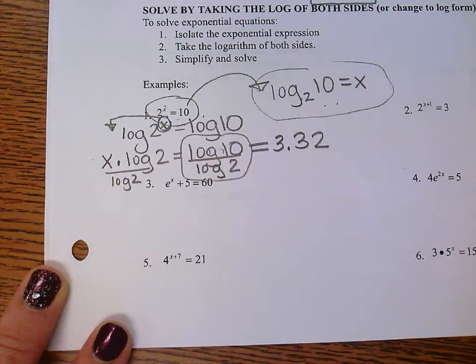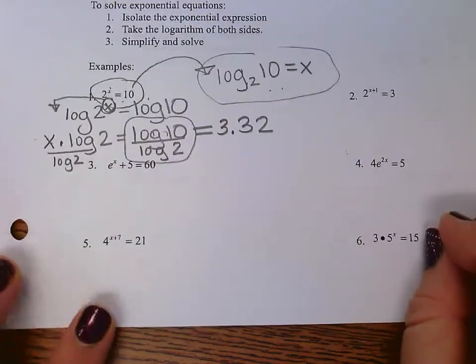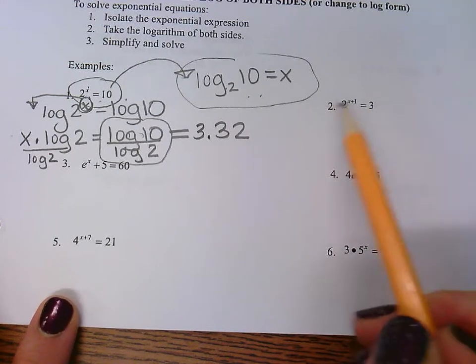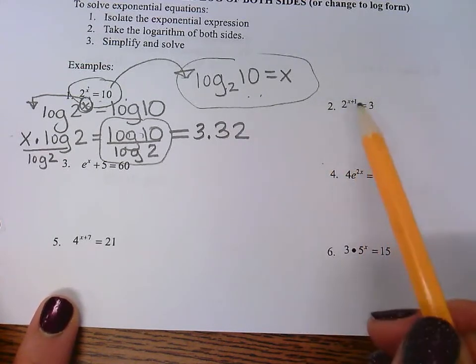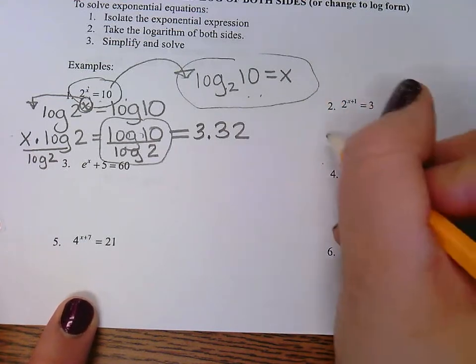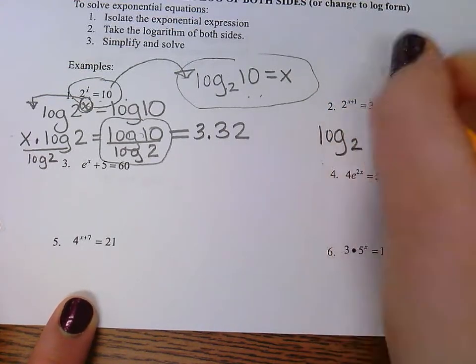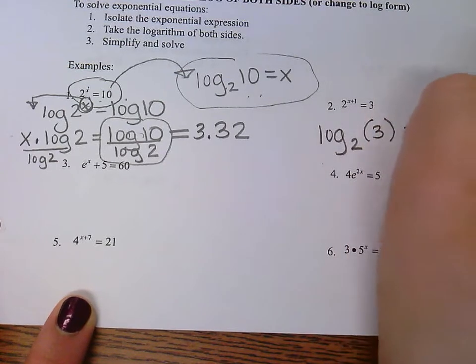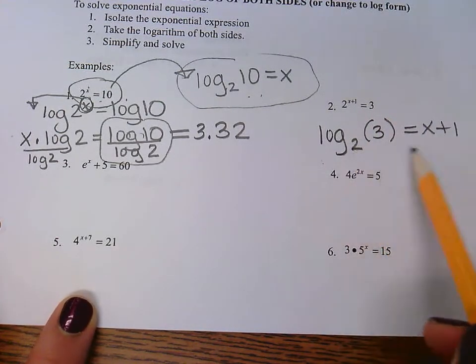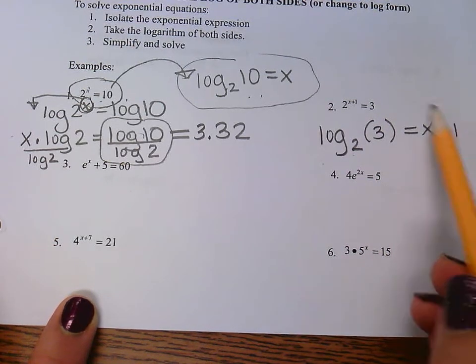So you can either change form into log form or take the log of both sides and then basically divide by that log. So if you look at example 2, I've got 2 on the left and 3 on the right. Those never have the same power family. So if I just want to change form on this one, I would say that the log base 2 of 3 equals x plus 1. See how 2 raised to the x plus 1 power equals 3?